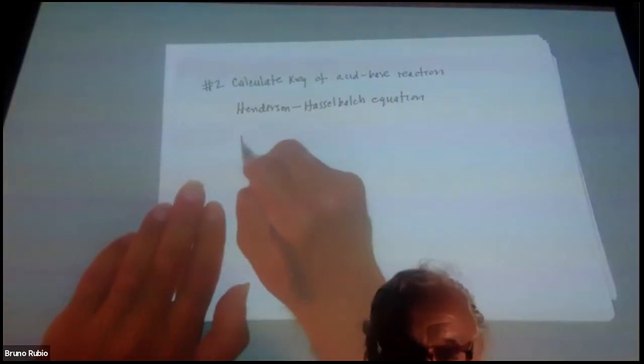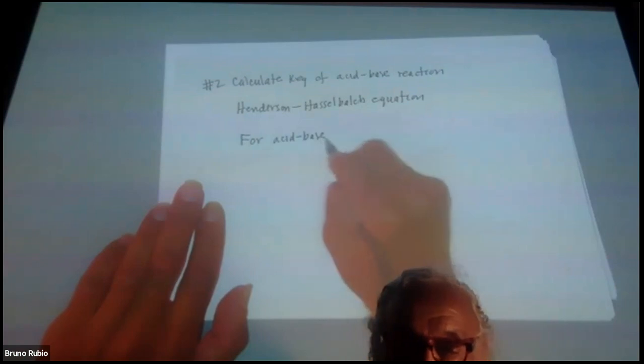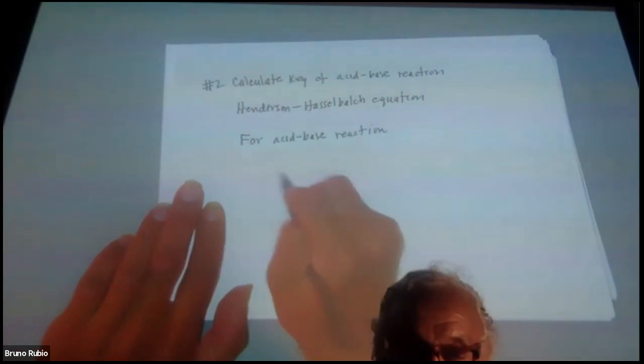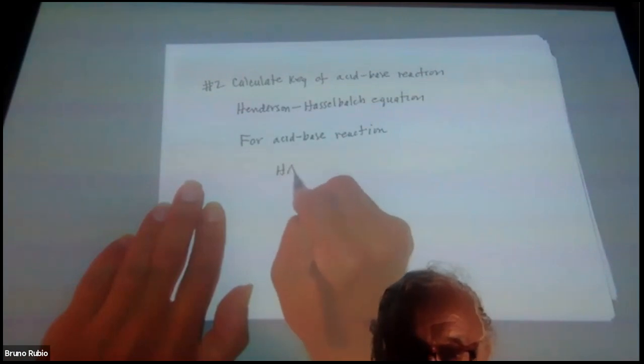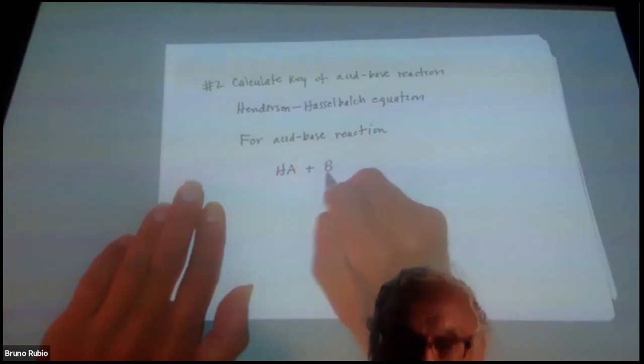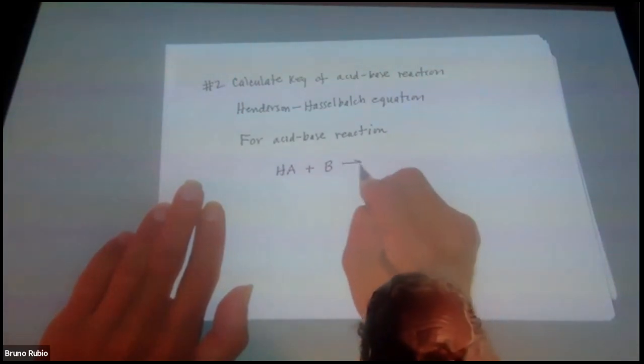All right, so this is saying for the acid-base reaction, HA, that's the acid, plus B, that's the base. It's an equilibrium.